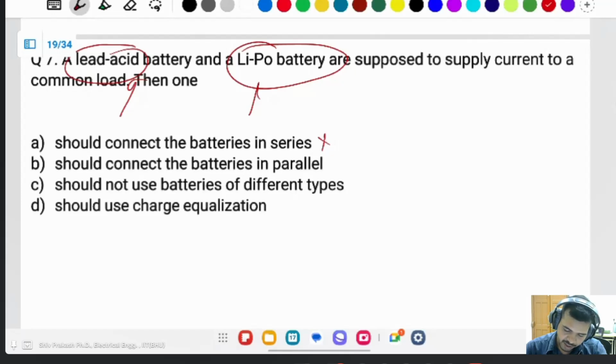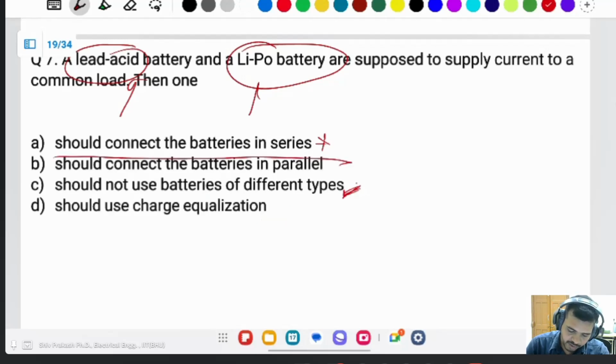They should be connected in parallel. You can connect them in parallel to share the load between both. They should not be connected in series as different types. You should not use batteries of different type, but now you can use them in parallel combination. Should you use charge equalization? Yes, you can use charge equalization, any one you can select.